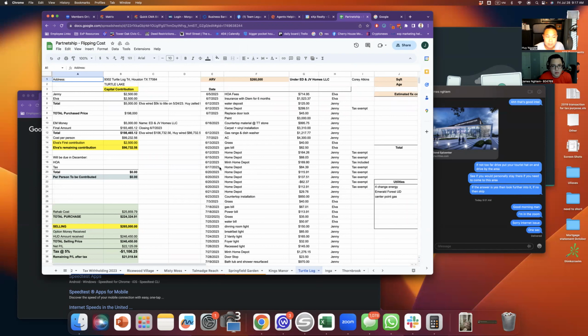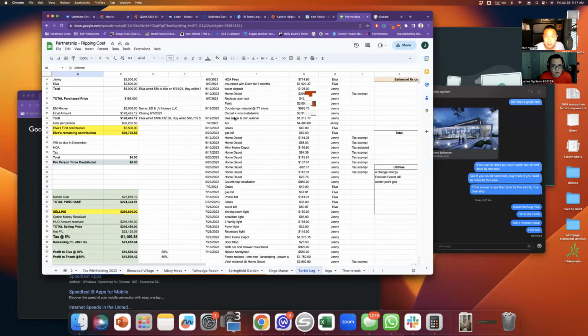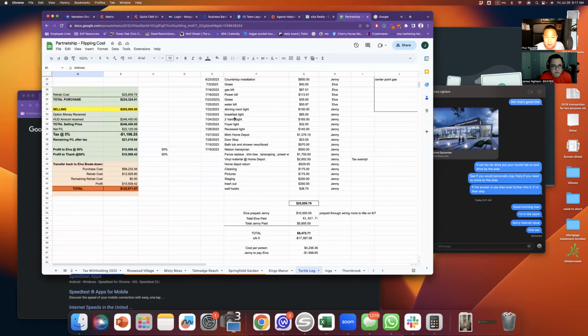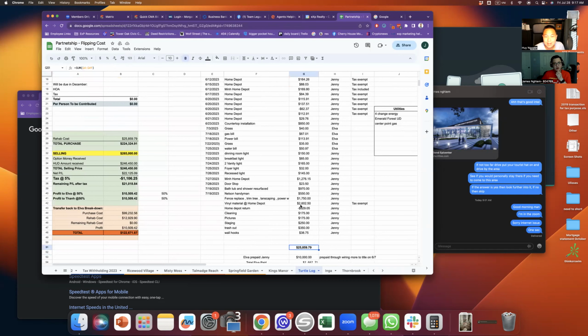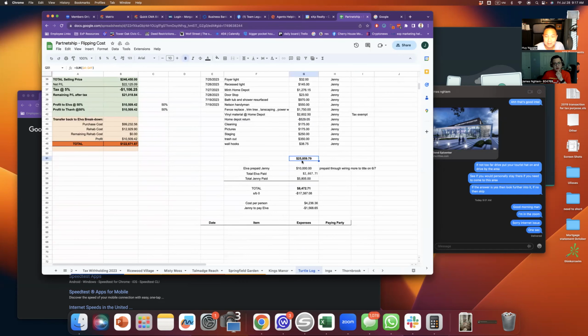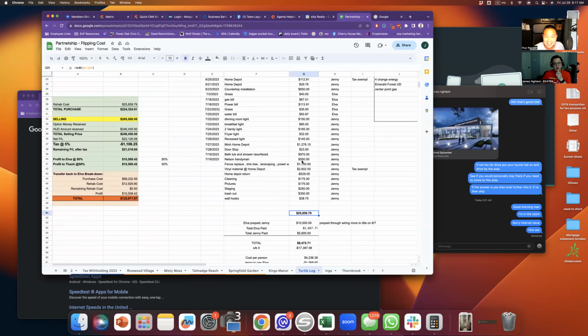And then this is the sheet that we use to keep track of all the repairs. This one we actually spent 25,000 to repair. We estimated only 20, so we went over the budget by 5K because everything just increased more and more.